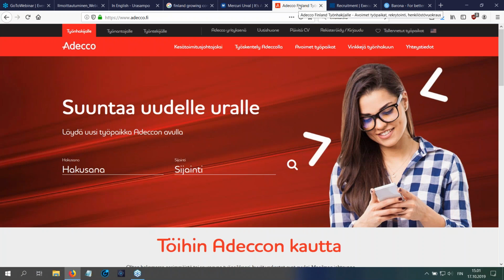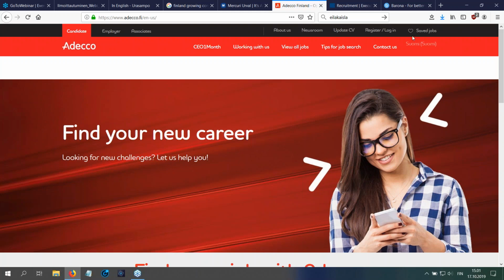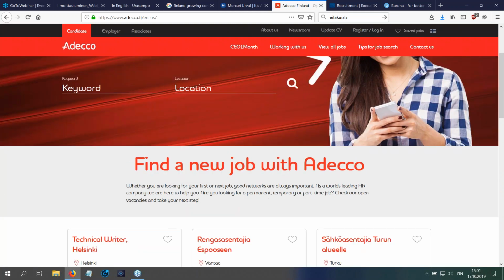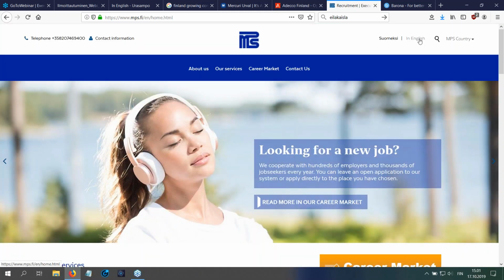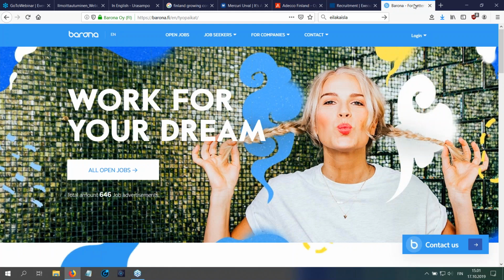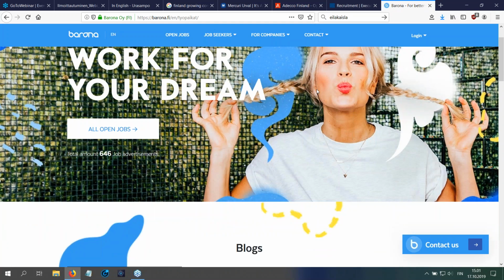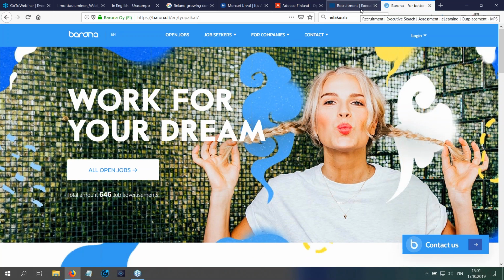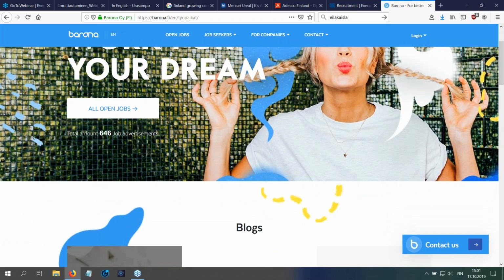Then there's Adecco, who have an English site as well. And there's MPS. And Barona also connects companies and skilled people all the time. At least these four have sites in English, and maybe you can get started there.